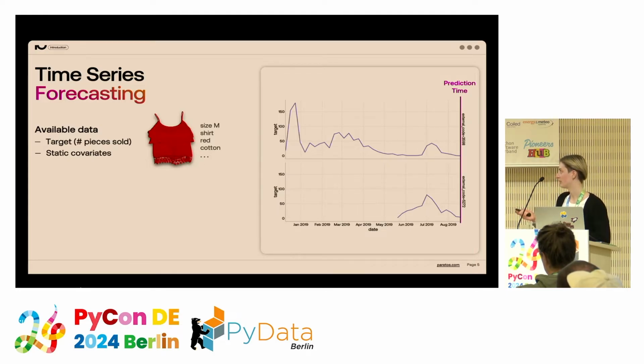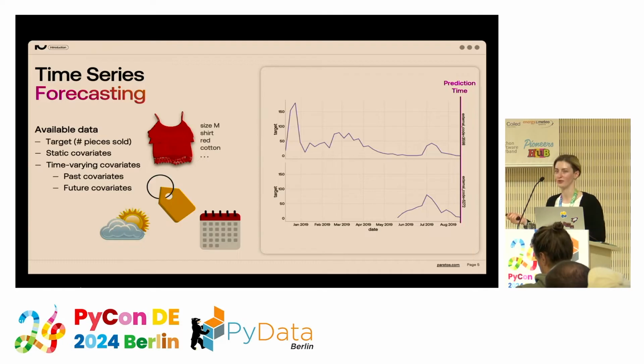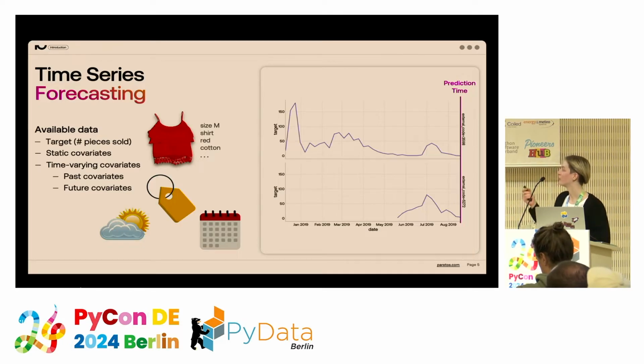Besides that, you can also have time-varying covariates. These are features that change in time. For instance, it can be calendar features, and they are known both for the past and for the future, because you probably know which day of the week it will be in 15 weeks, and so on. And you also have information about prices and weather.